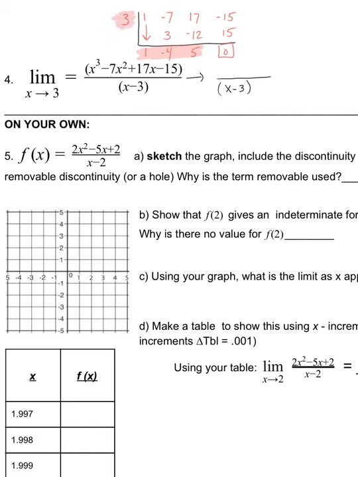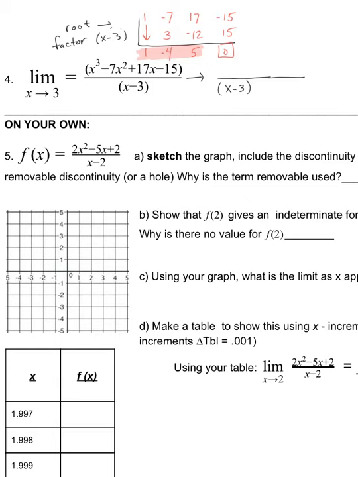Now this, you guys, is the root. But we need the factor. If the root is 3, the factor is x minus 3. That's what has to go right in your numerator. So I don't need the root, I need the factor.